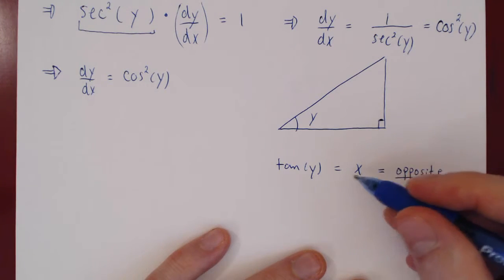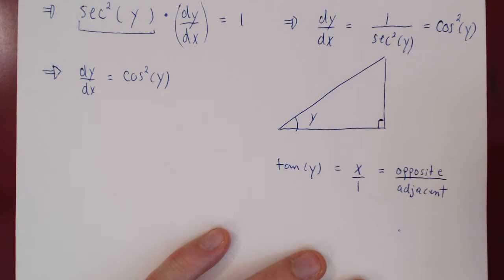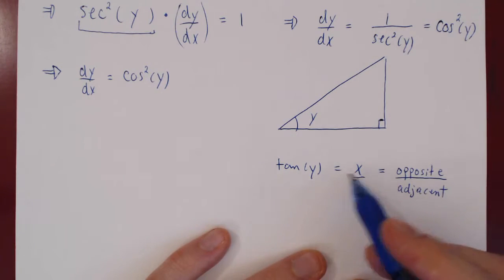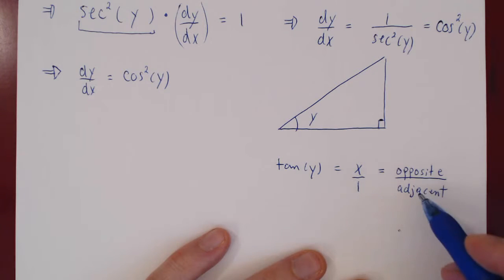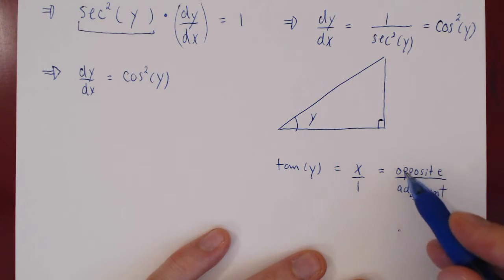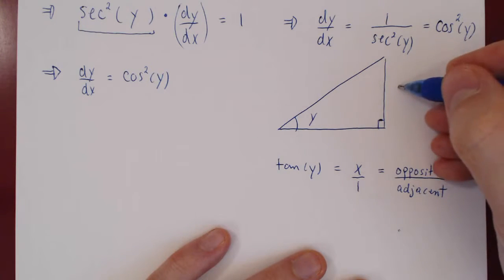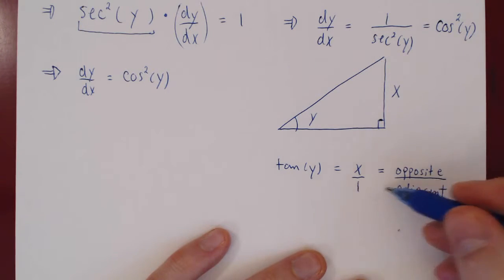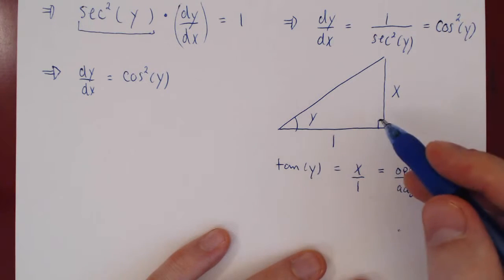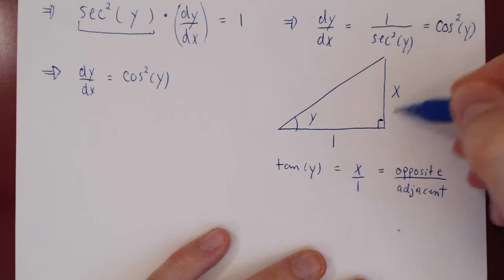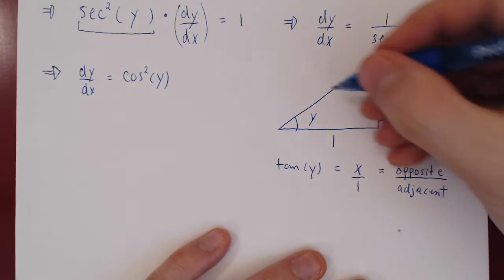So we would like this to be a fraction. The easiest way is to write x as x over 1. And now we can see that tangent of y being x over 1 will be the opposite over the adjacent. Therefore, the opposite side will be x. So tangent of y is opposite, x, over adjacent, which is 1. So we now have the base of our triangle is 1. The height is x. Now we want the hypotenuse, which we can call c.